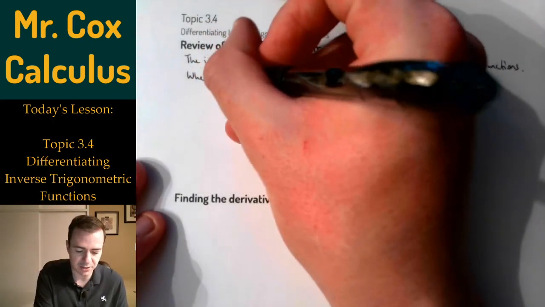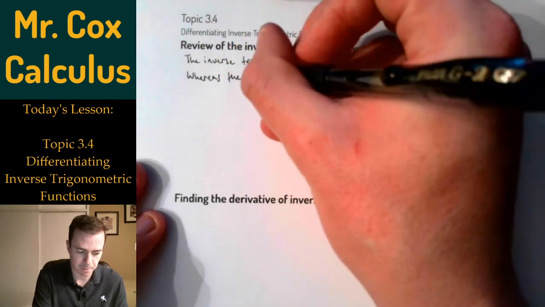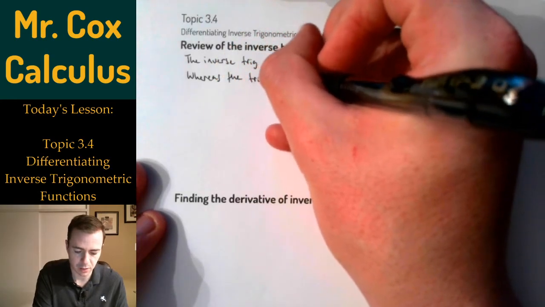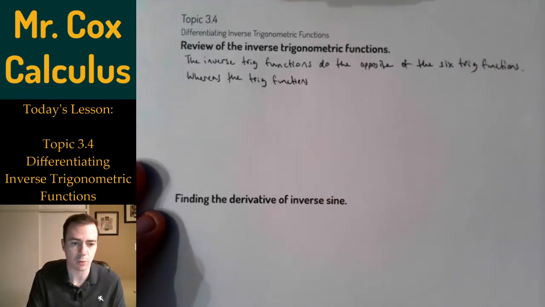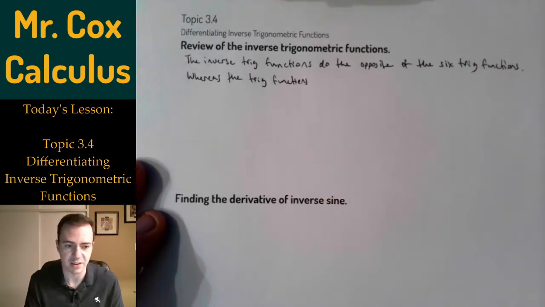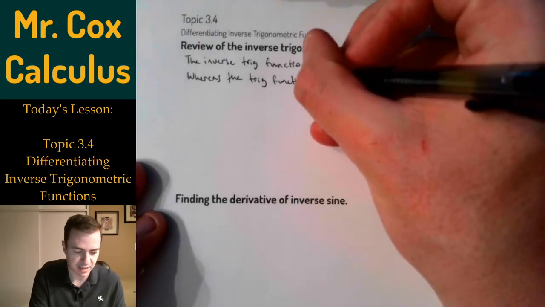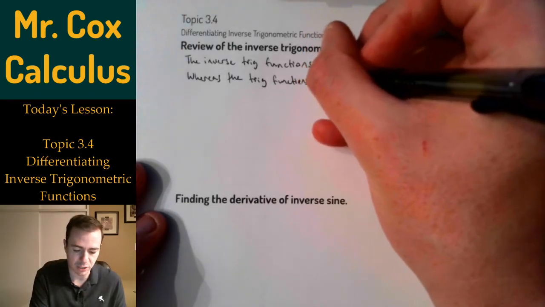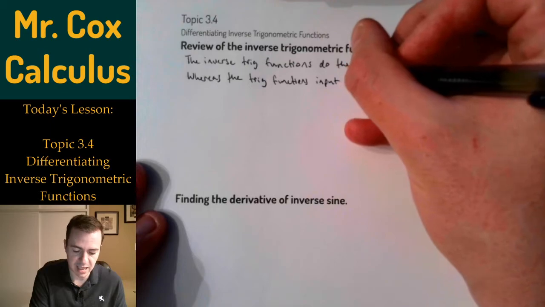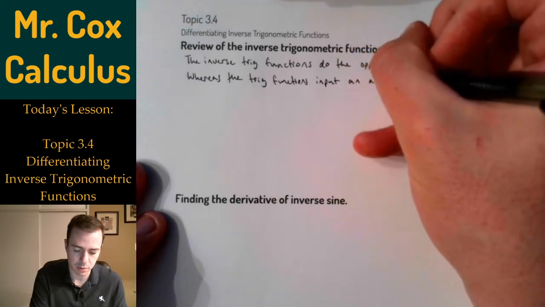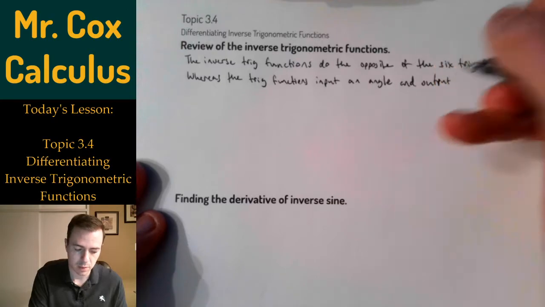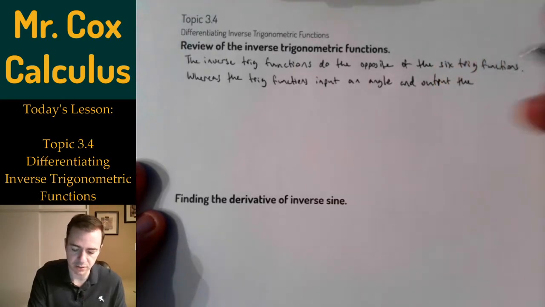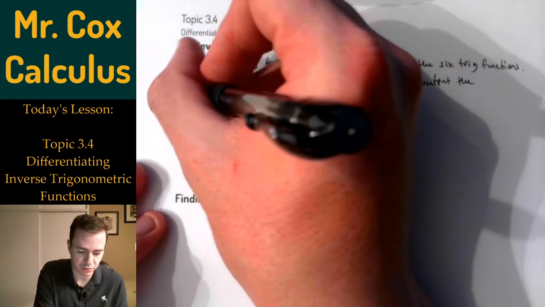So whereas the trig functions, if you think about what they look like when they graph, or whenever we even say things like the sine of pi over 6, the input for a trig function is an angle, and the output is the triangular ratios.